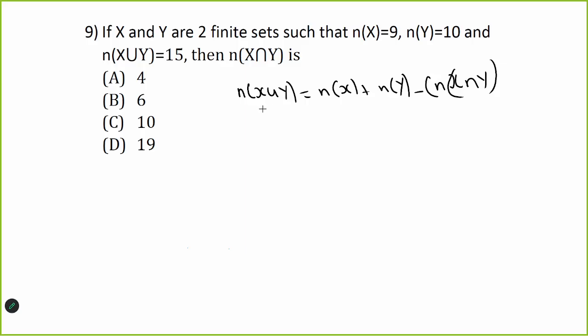The union is 15, which is equal to 9 plus 10 minus some value. That is 15 is equal to 19 minus some value. That would be 4. So the answer for this is E. Everybody good?